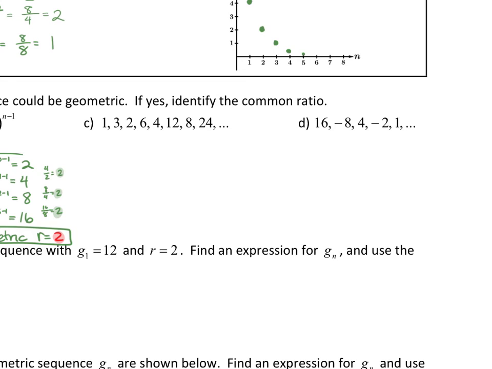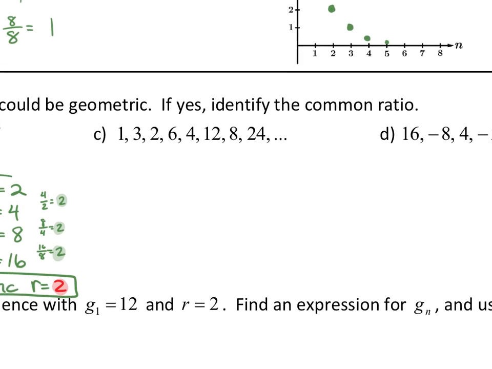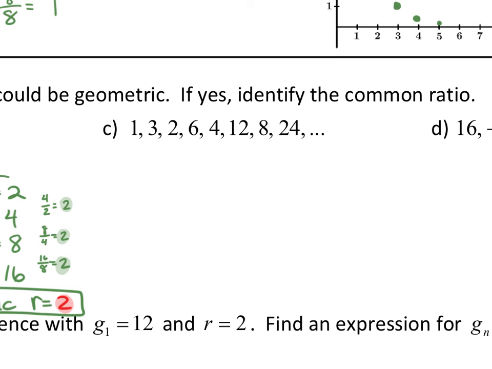Okay, if we were going to look at part C, the first sequence written there, I don't particularly see a pattern when I just look at it, but sometimes it's deceiving. So we go ahead and do the second term divided by the first, which would give me 3. So that's the change here. I do the third term divided by the second.